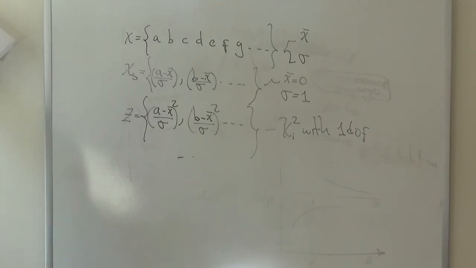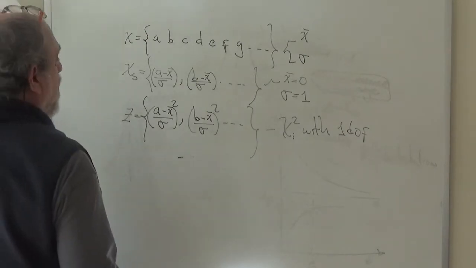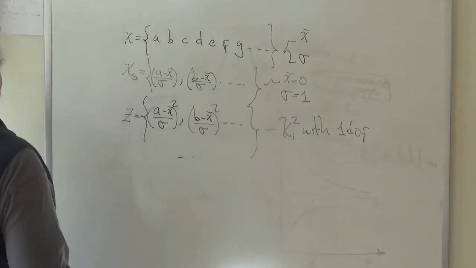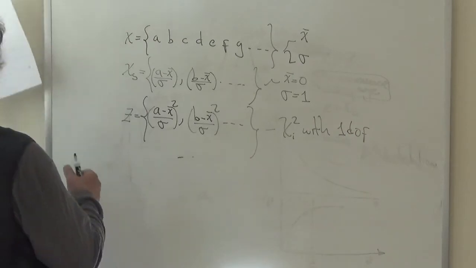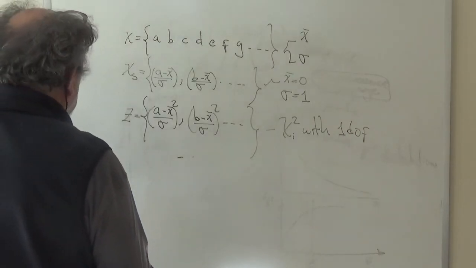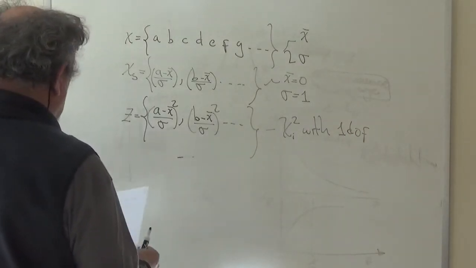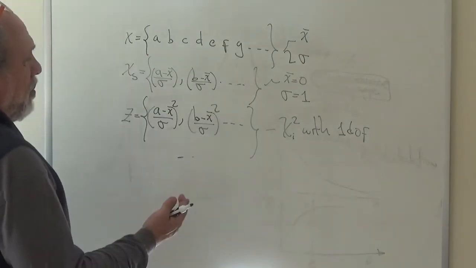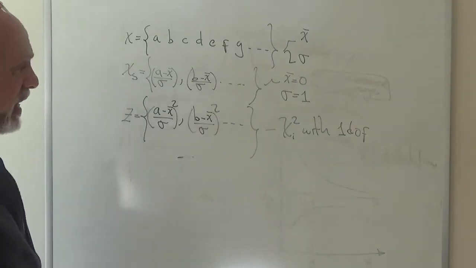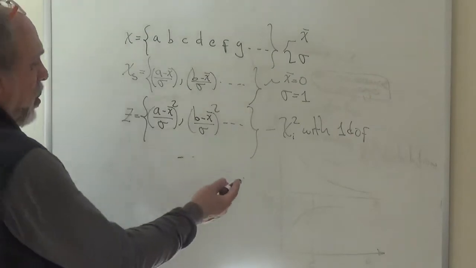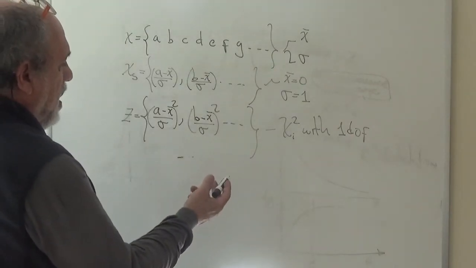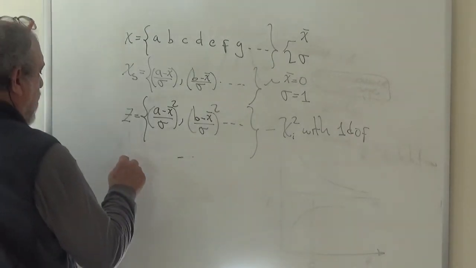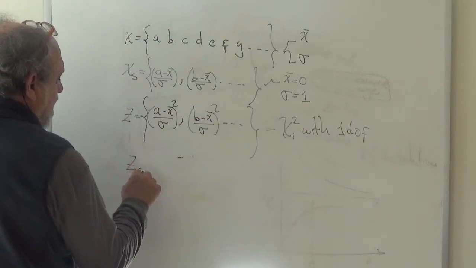Now the chi-square distribution is just another distribution. And it turns out that the chi-square distribution is well understood, everything is clear. And so you can compute for that what the critical values are. And so as I showed before, you could then say, okay, what is the critical value of Z?